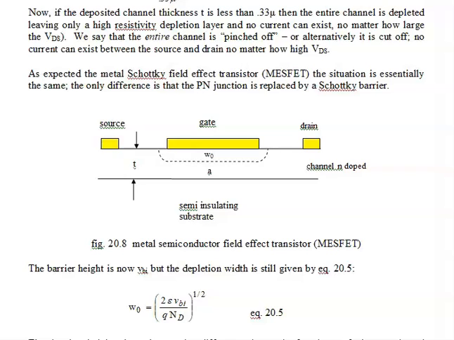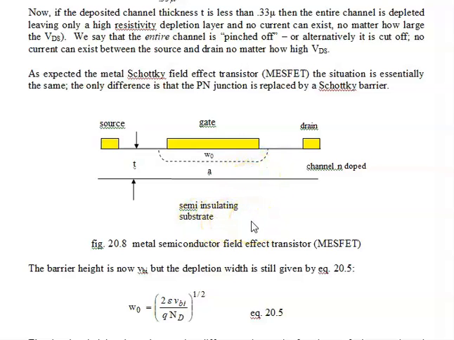And I guess the reason that it was reasonable to do the JFET first is because it leads us right into the MESFET. The MESFET is the same thing, except instead of having a PN junction, we have a Schottky barrier. So we have one type of semiconductor.